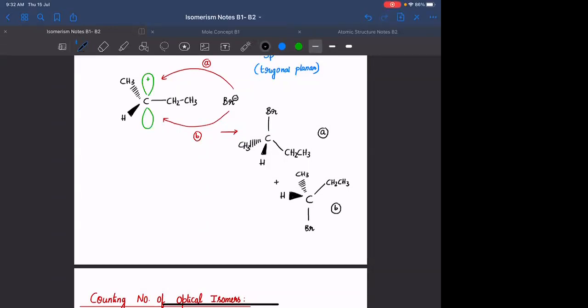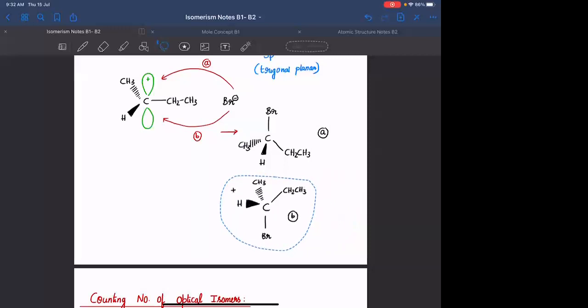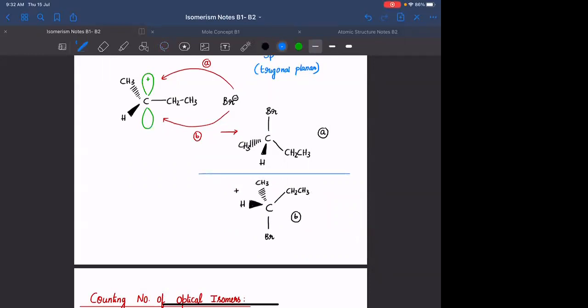Can you see any relation between compounds A and B? Anyone? Enantiomers, they are the mirror images of each other. If you place a mirror here, Br यहाँ पे ऊपर है, यहाँ पे नीचे है. CH2 CH3 CH2 CH3. ये जो है ये वैसा ही रहेंगे. This is going into the plane. This is coming out of the plane. Any doubt, anyone?